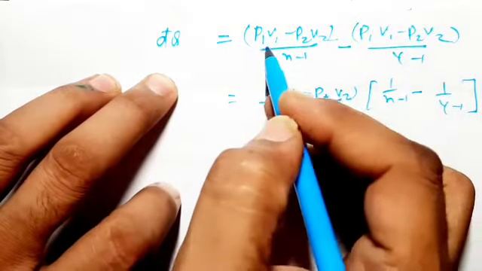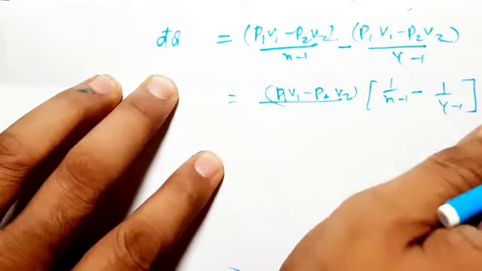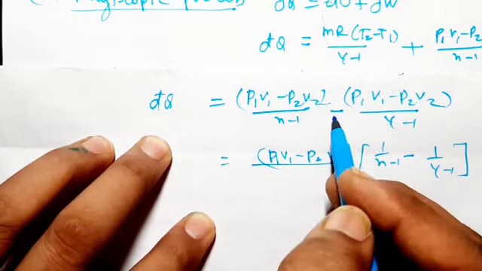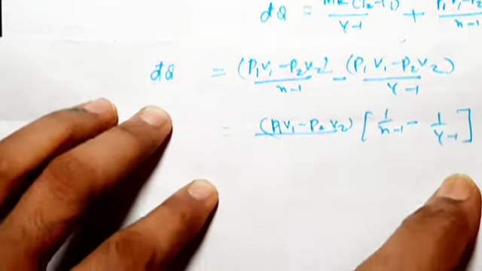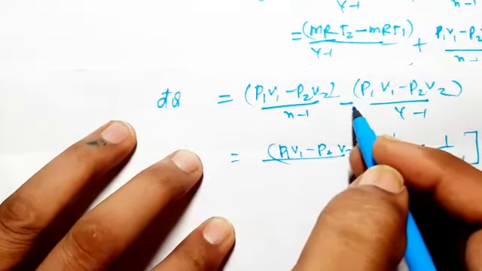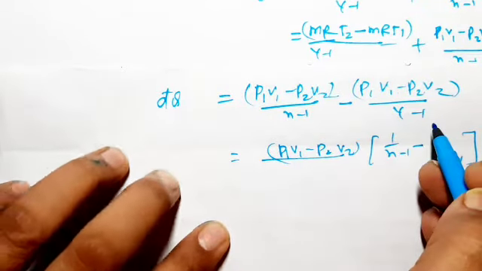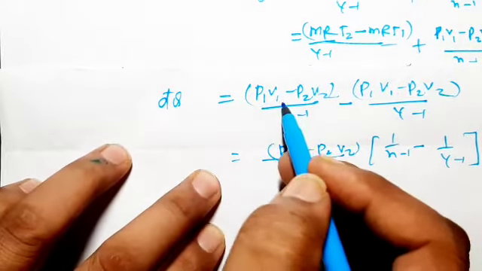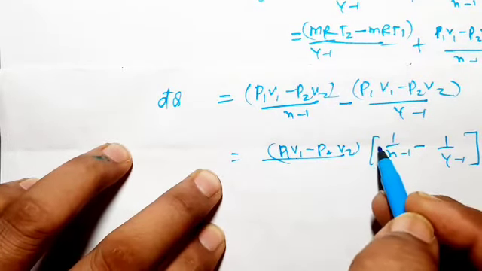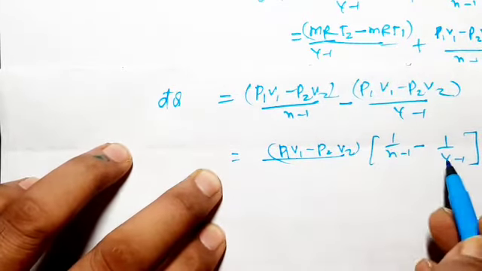So it can be written as (p1 V1 minus p2 V2) upon n minus 1, and the other term, since p2 V2 minus p1 V1 is changed, will be minus (p1 V1 minus p2 V2) upon gamma minus 1. Okay, so now we will take common p1 V1 minus p2 V2. So it will be in bracket 1 upon n minus 1 minus 1 upon gamma minus 1.